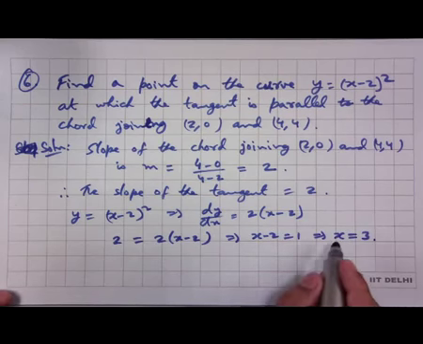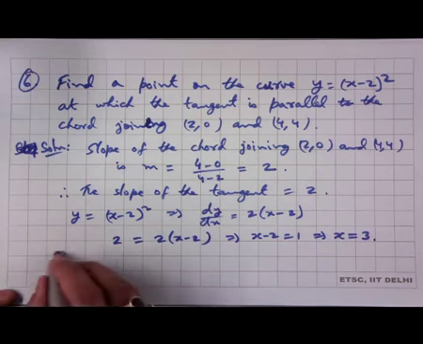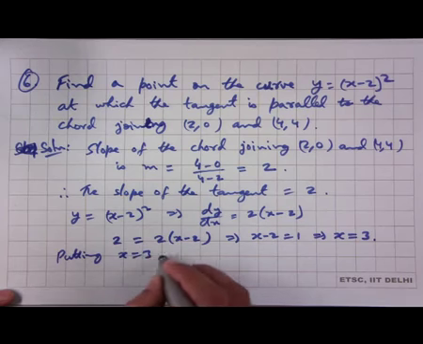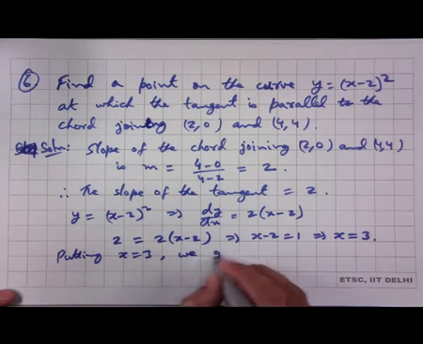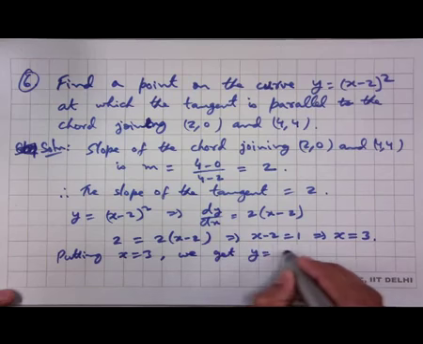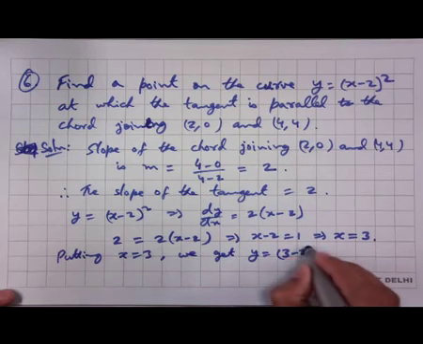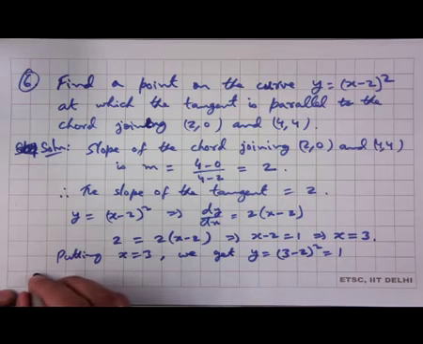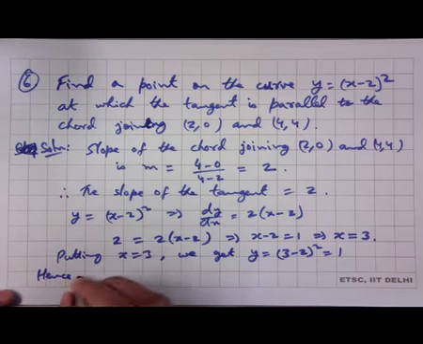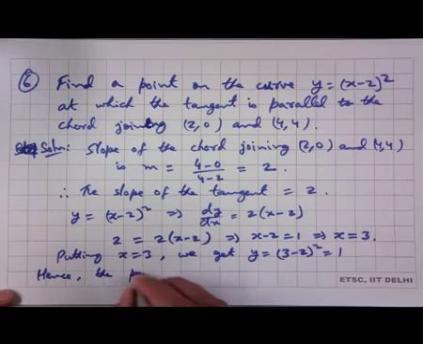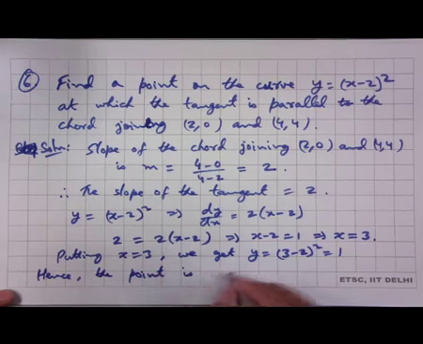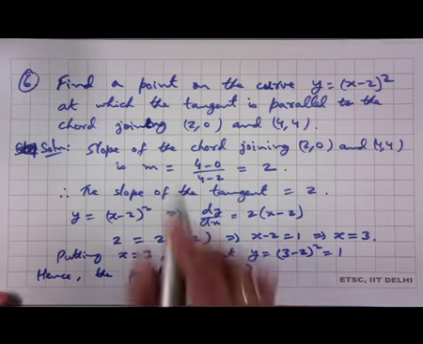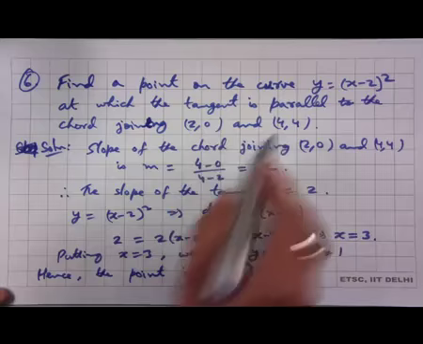Putting x equal to 3, we get y is equal to 3 minus 2 squared, which is equal to 1. Hence, the point is (3, 1), where the tangent is parallel to the chord joining these 2 points.